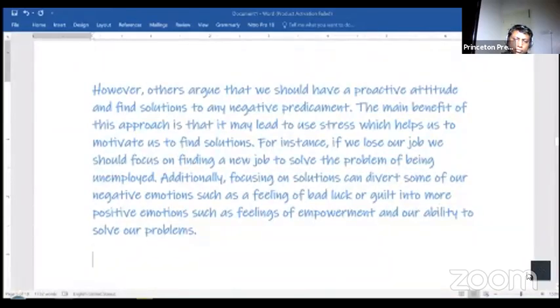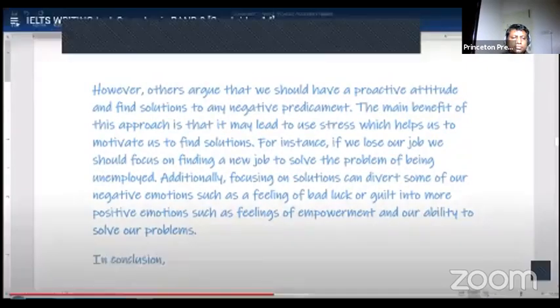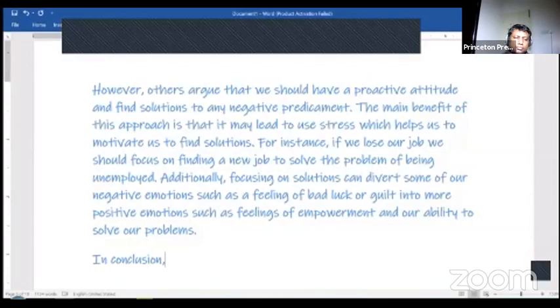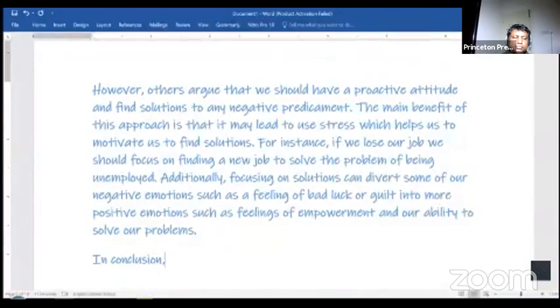In conclusion, comma. This phrase signals the start of the concluding paragraph to the reader. I suggest you use this identical phrase for every single essay that you write. It doesn't matter the question type, you can use in conclusion. I suggest you stay away from phrases like in a nutshell or to recapitulate.